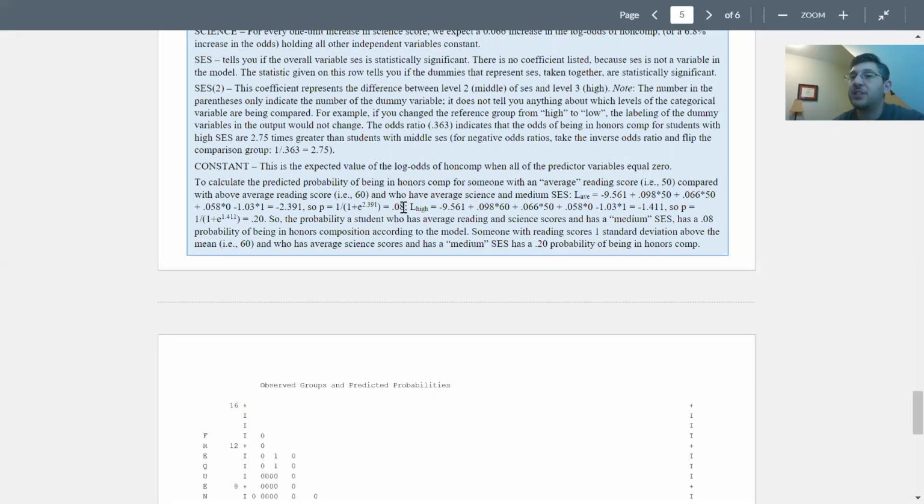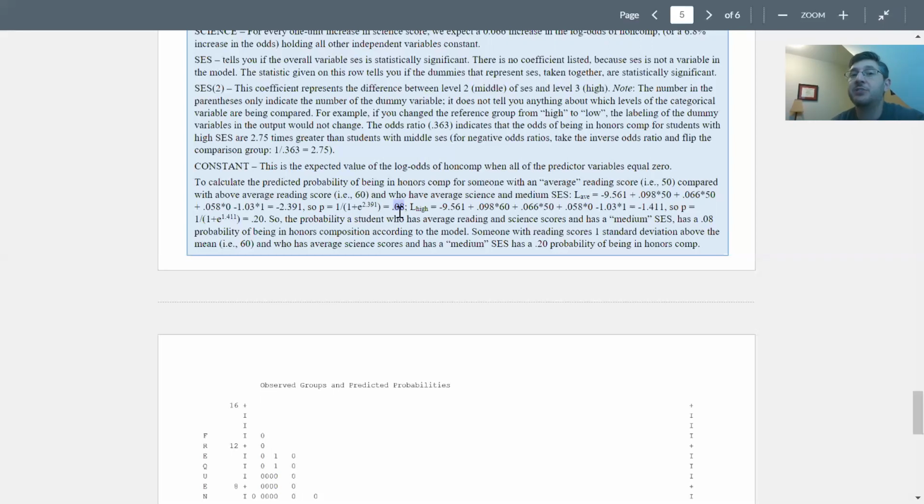So someone who has an average reading score, average science score, and who is in the medium SES group has a predicted probability of being in the honors composition course of 0.08. So they have like an 8% probability of being in the honors composition group according to our model.